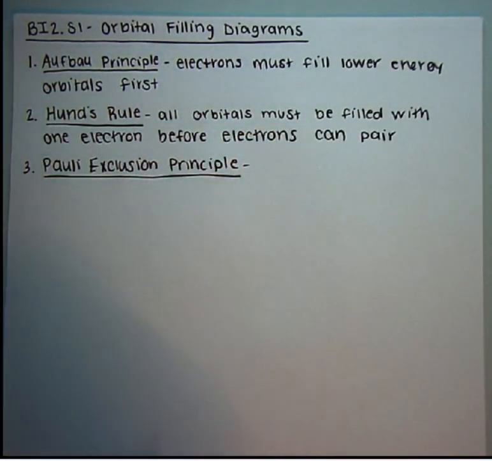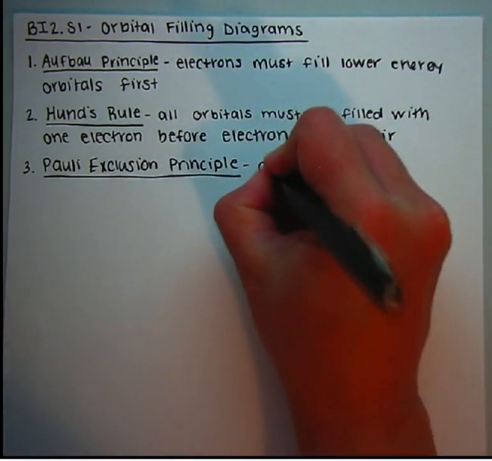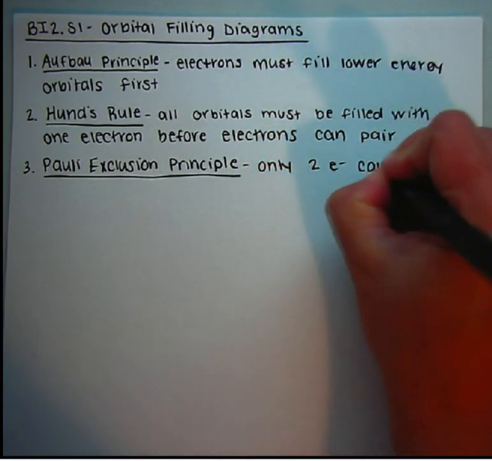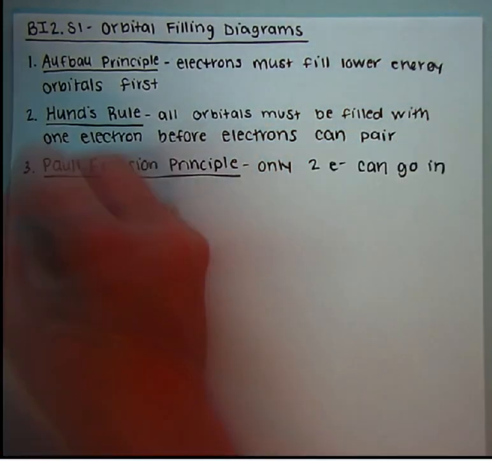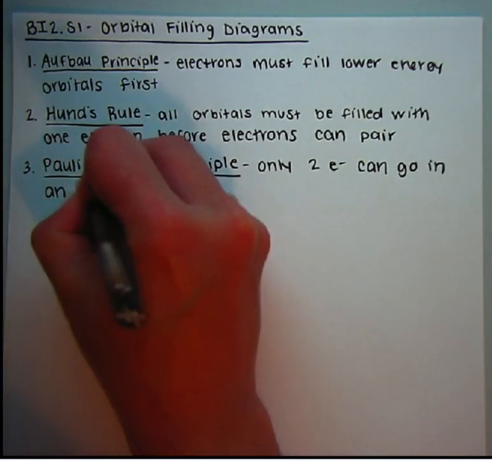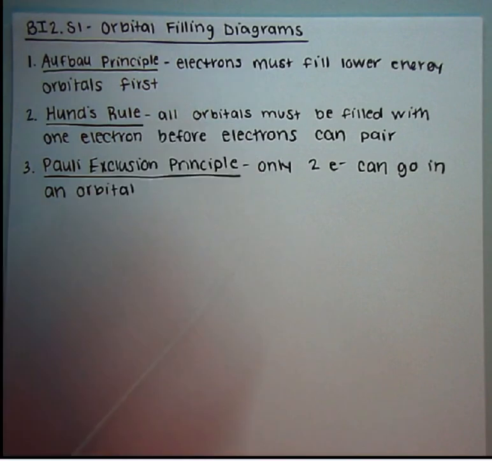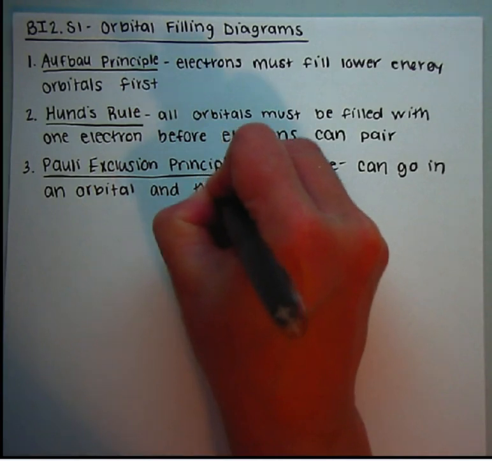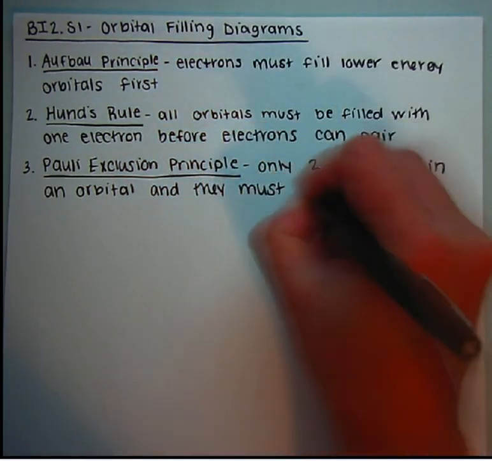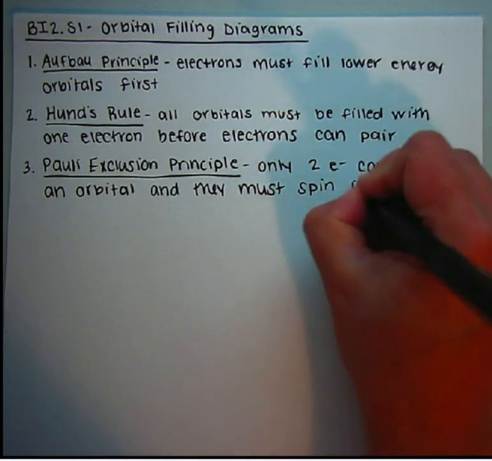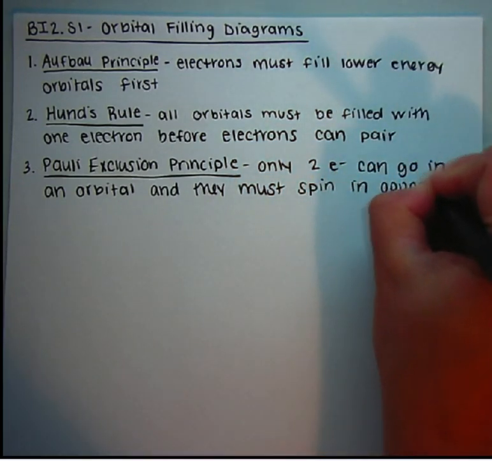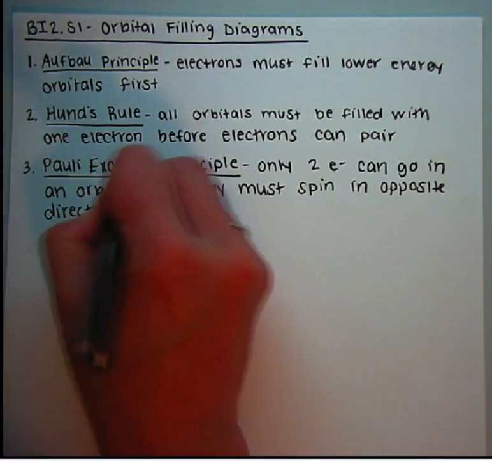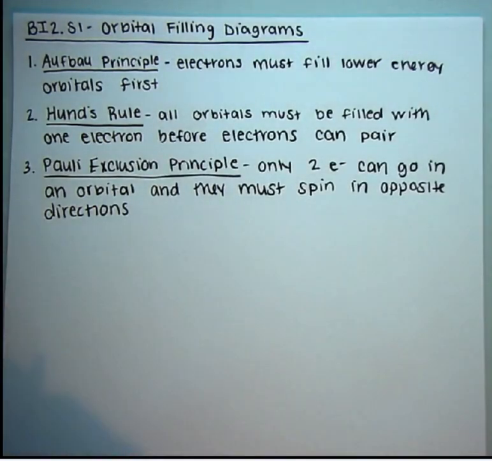In summary, the Pauli exclusion principle states that only 2 electrons can go in an orbital, which we know each orbital could hold 2 electrons, and they must spin in opposite directions. So if 1 electron is spinning clockwise, the other would go counterclockwise.